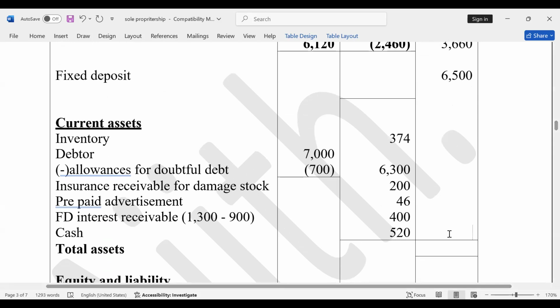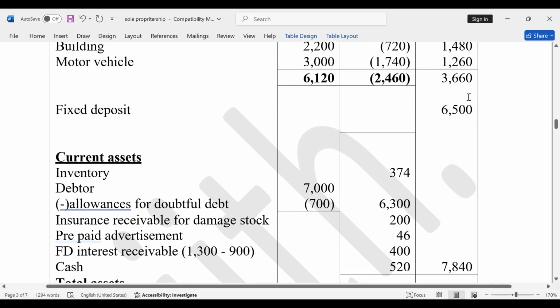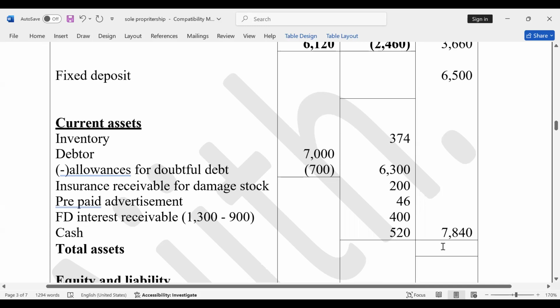Current assets total value equal 7,840. Then total assets can be calculated. Total assets amount equal 18,000.